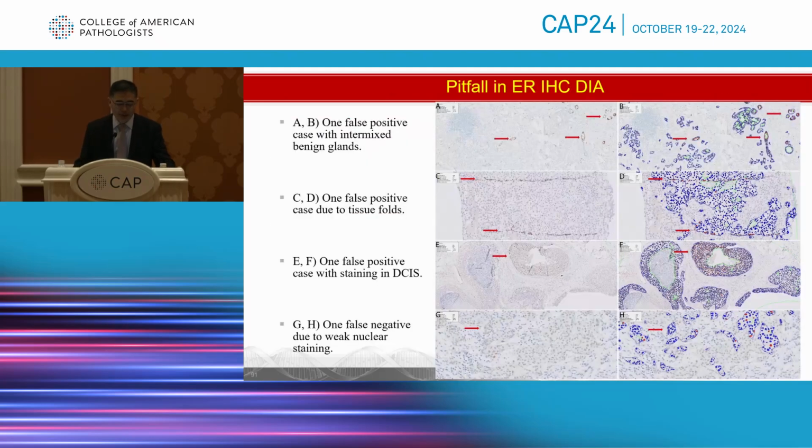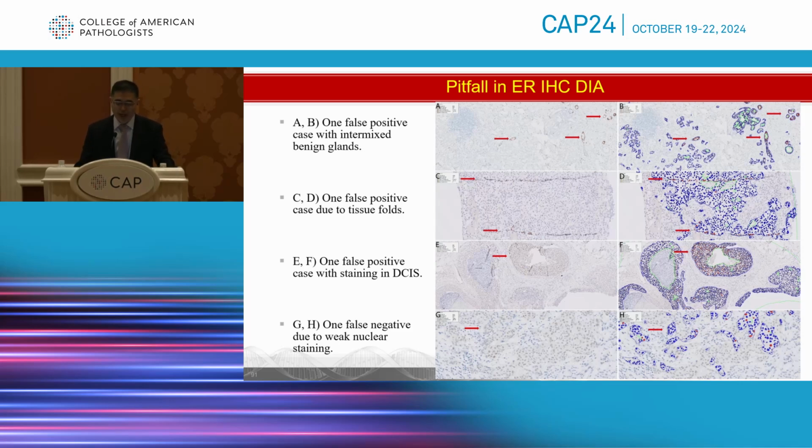Some of the pitfalls or challenges during the validation process are shown here. The first panel showed one false positive case with intermixed benign glands. This is a triple negative breast carcinoma, but there are small glands, as you can see here, that showed ER staining, and the algorithm did not exclude them from the analysis, so it gave a false positive result.